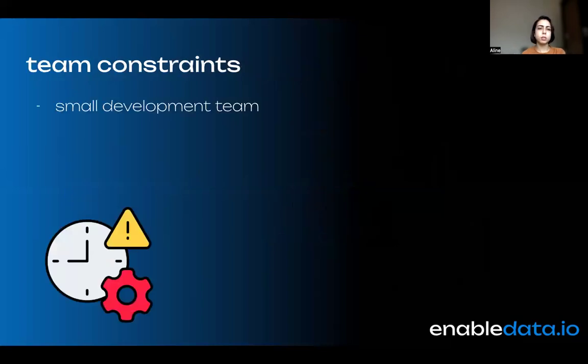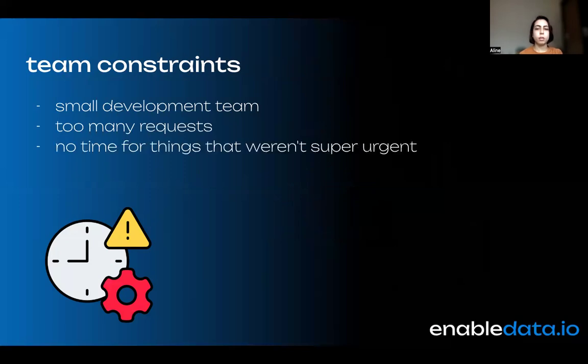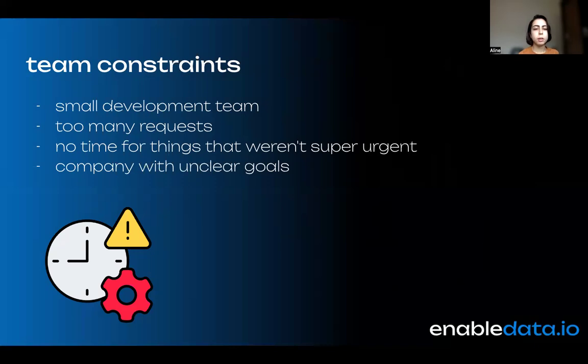So, the other team's constraints. We had a very small development team in this company, and they had a lot of requests and no time for things that weren't super urgent, like something broke or something they needed right away. And the company had unclear goals, so it was not necessarily clear that data was important.